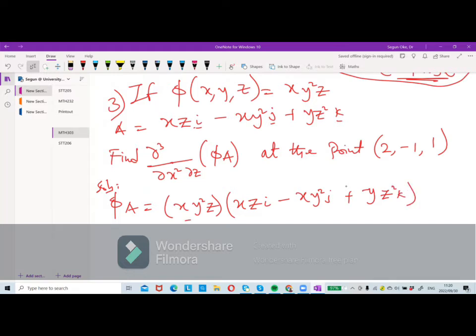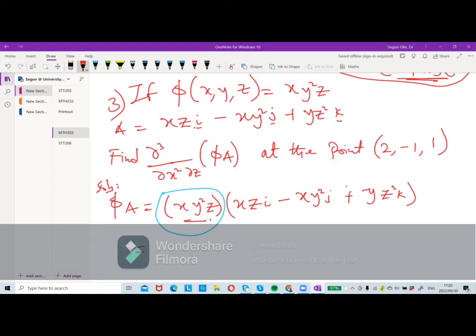So this particular one will multiply each of the components. Remember, this particular one does not have an i, j, k, but is just there as a constant, like 2. 2 is multiplying all through. That's what we are doing now. So don't say it must have i. No, you don't need i in this case.